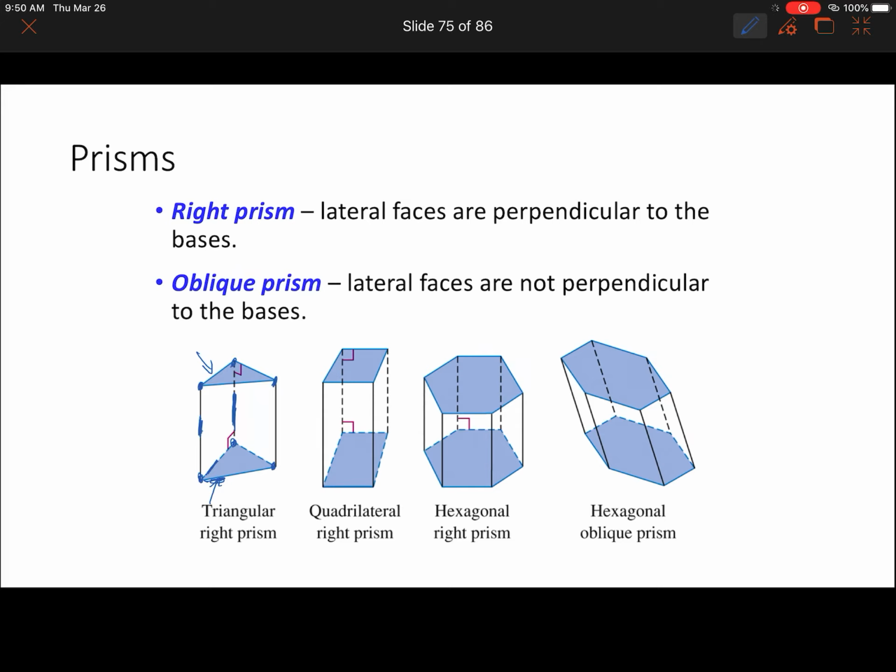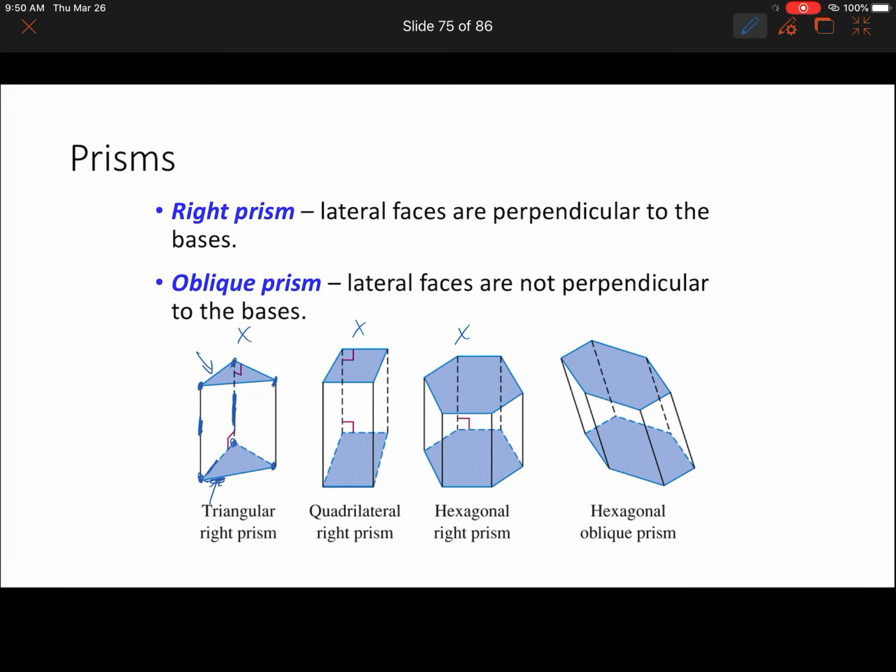And this one is going to be perpendicular to this base and to this base, and so on. And so a right prism has lateral faces that are perpendicular to the bases. Basically, it means that the base on top is directly above the base on bottom. And so you can see each of these first three examples all are considered right prisms.